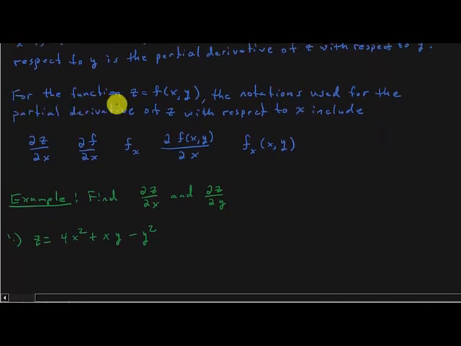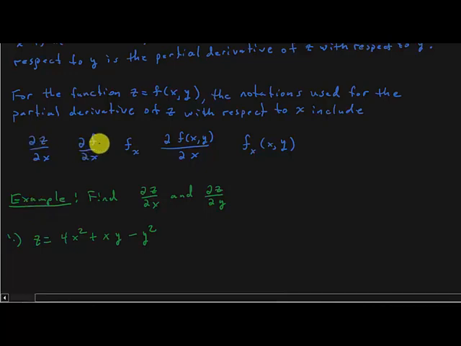So it says for the function z equals f of x, y, the notations used for the partial derivative of z with respect to x are the partial of z with respect to x. Now, this is not a 2. It's a partial derivative symbol. That's the best I can draw it. You can Google partial derivatives and you'll see it, and it'll show you what the symbol actually looks like, but it's something close to this.